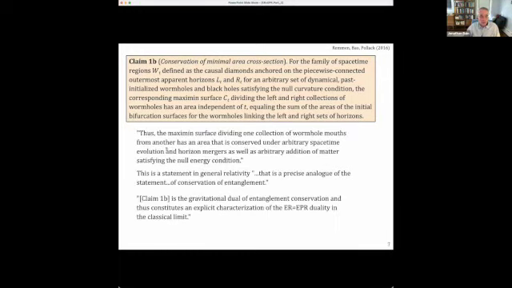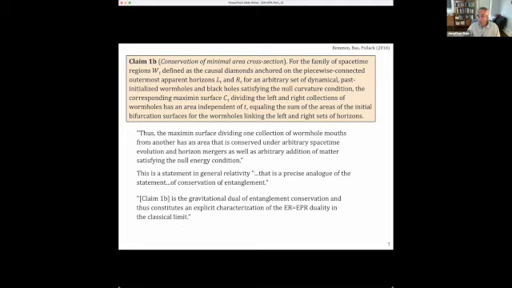In any event, from a conceptual point of view, Riemann and colleagues interpret their theorem in the following way. And I think this is what ultimately is important in determining the sense in which this theorem is dual to conservation of entanglement entropy. So they make the following statements, quote, thus the maximum surface, the C_T surface, dividing one collection of wormhole mouths from another, has an area that is conserved under arbitrary space-time evolution and horizon mergers, as well as arbitrary addition of matter satisfying the null energy condition.